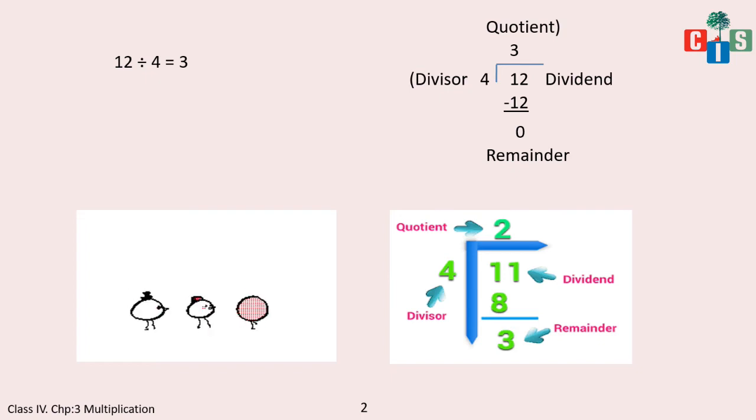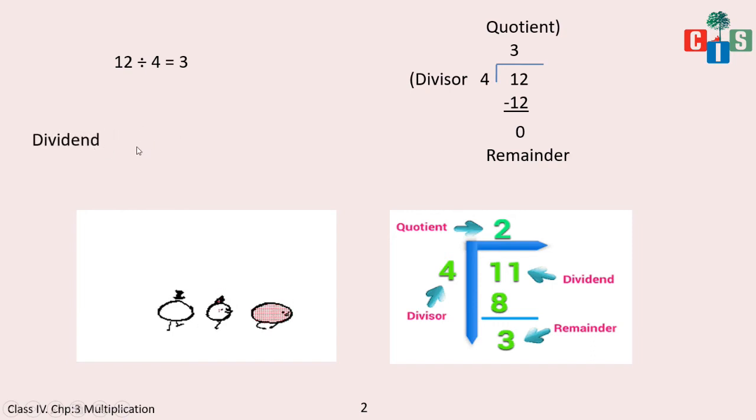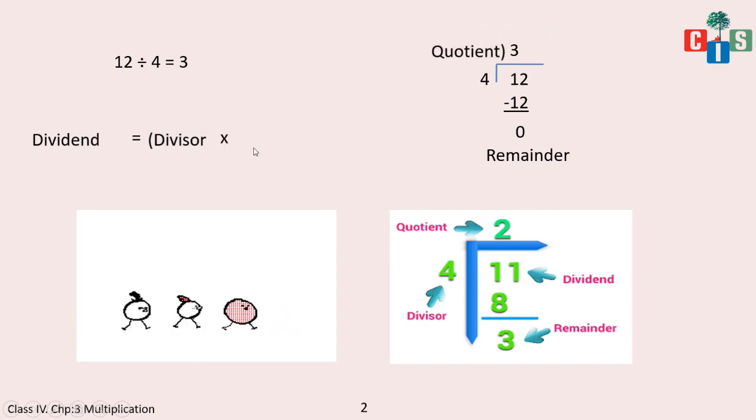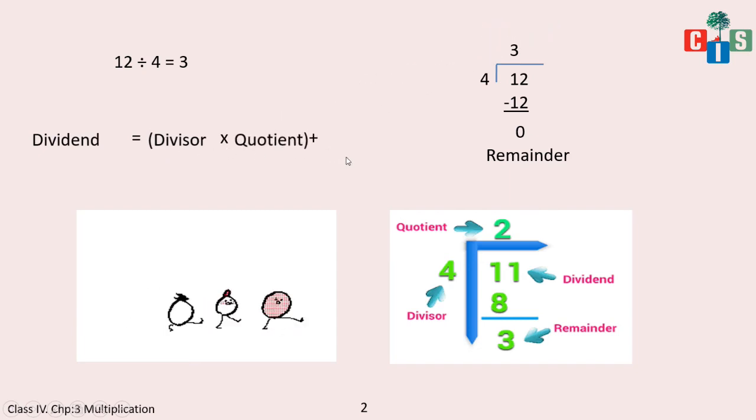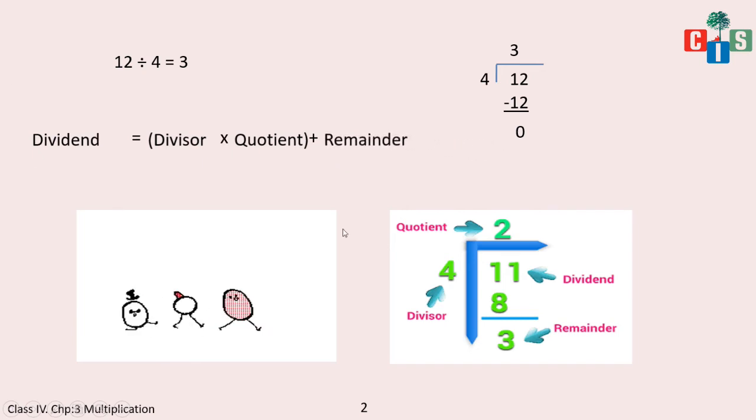Now the other question I will ask you: do you remember the equation that you have learned? The equation of dividend, divisor, quotient and remainder, the equation with 4 terms. It is: dividend is equal to divisor multiplied by quotient plus the remainder.